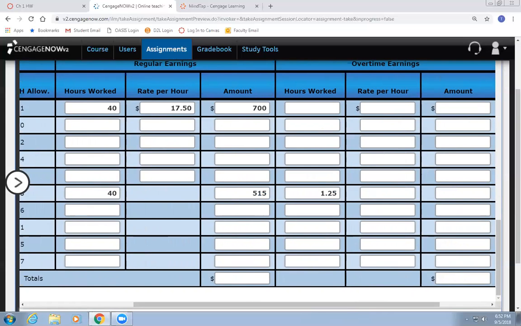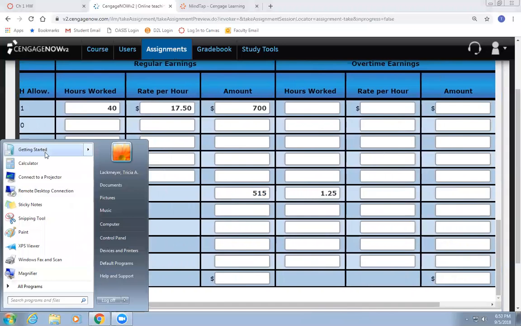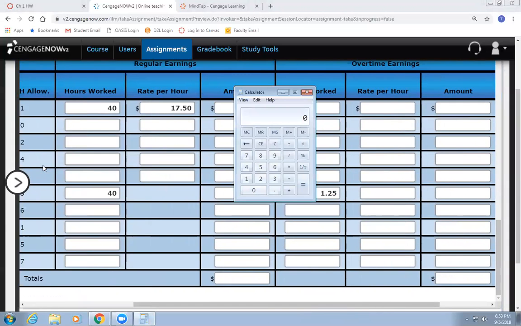So we just need to take that $515 and divide it by 40 to get her hourly rate. So $515 divided by 40, her hourly rate is $12.88 an hour. Her overtime rate is 1.5 of that, or $19.31.